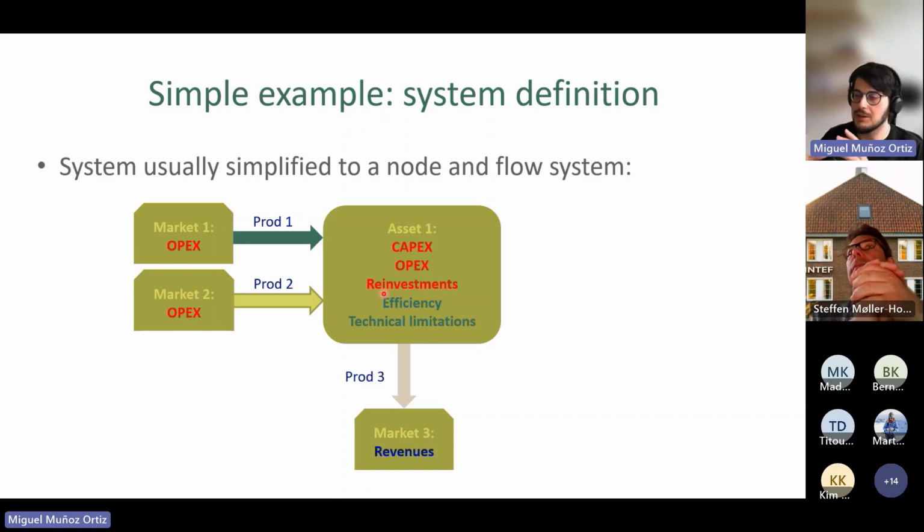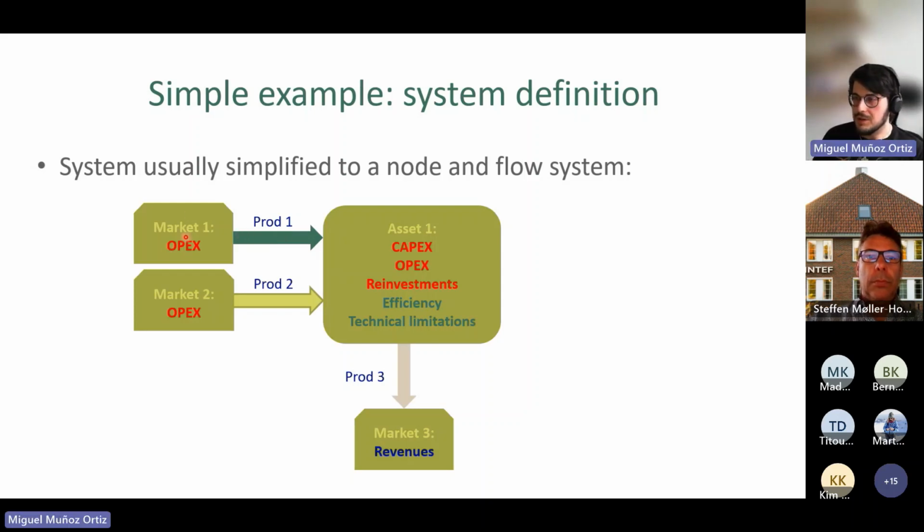And in this node representing the electrolyzer, you model the system dynamics, for example, how is the efficiency, what are the startup times and shutdown times, you have extra consumption in these periods. You use all the equations needed to describe the individual element of your system in one node. And then you have flow of products that could include electricity, hydrogen, or, if it's an industrial process, input and output materials.